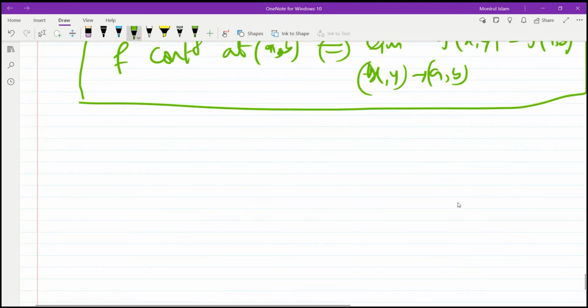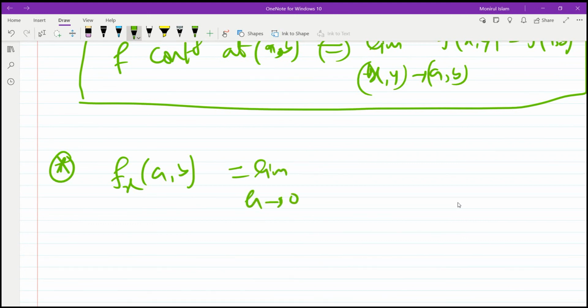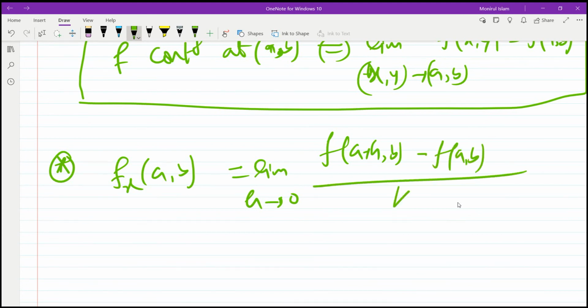For the second option I have used the partial derivative formula. fx at (a, b) is nothing but the limit as h tends to 0 of f(a plus h, b) minus f(a, b), divided by h.